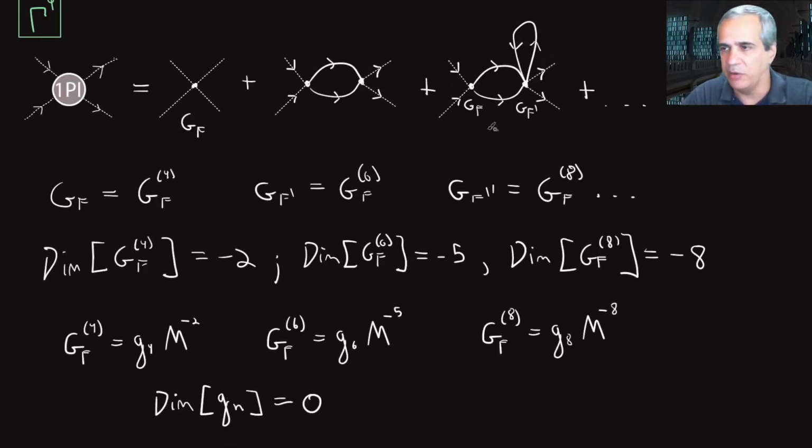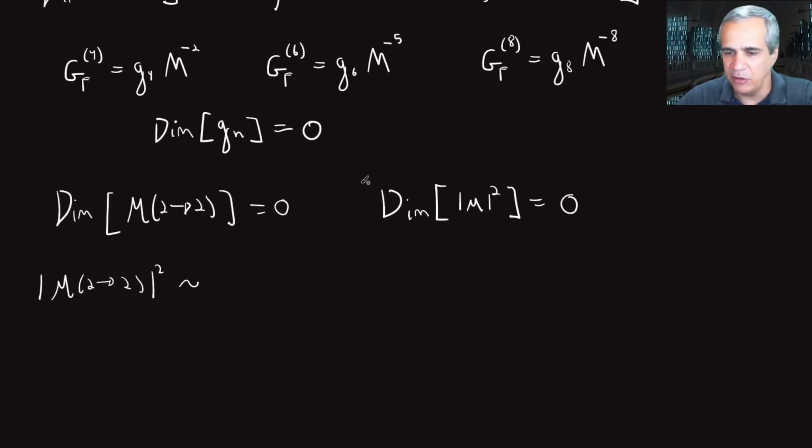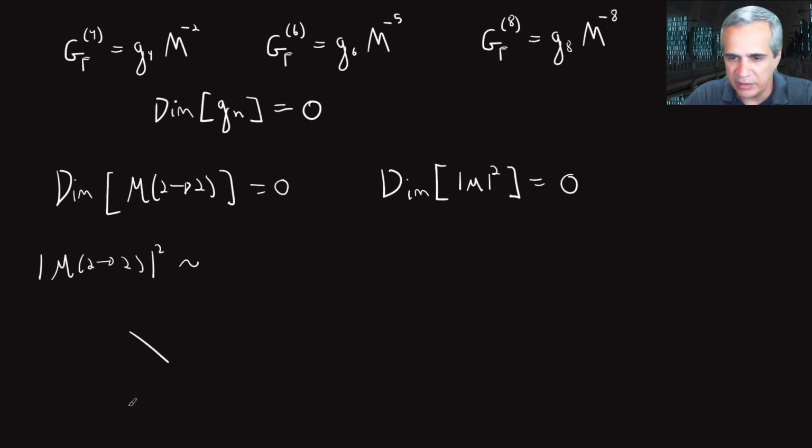I can always take GF6 and draw a diagram that looks like this and contributes to the 2-to-2 scattering through a 6-point fermion interaction. Same for 8, same for 10, I can go nuts here. But in each case, take the 4-point function. This will be proportional, of course, to G4 squared, and 1 over M to the 4th.